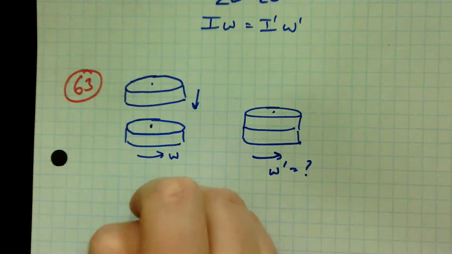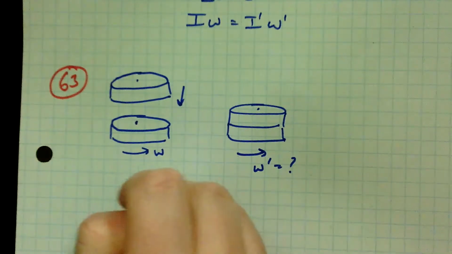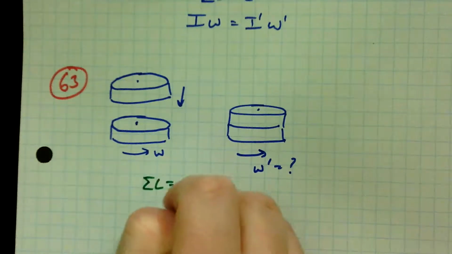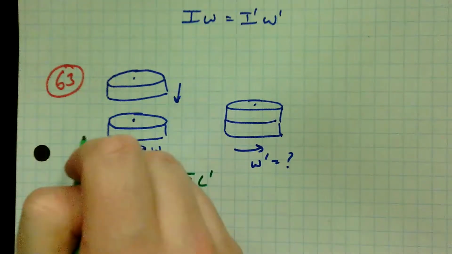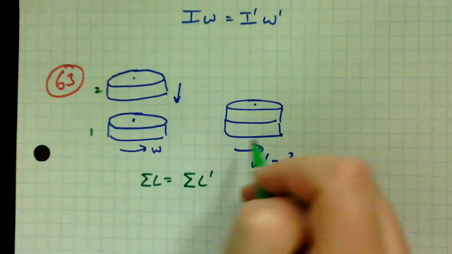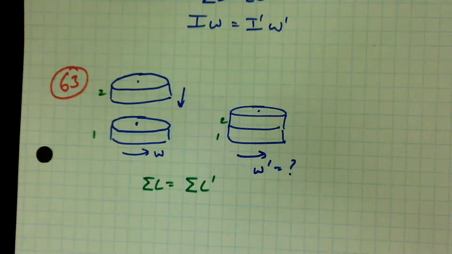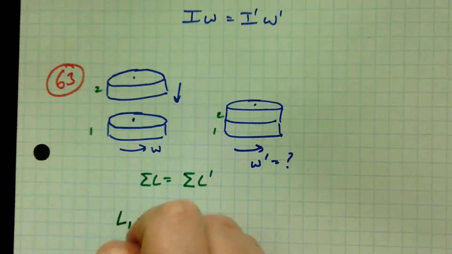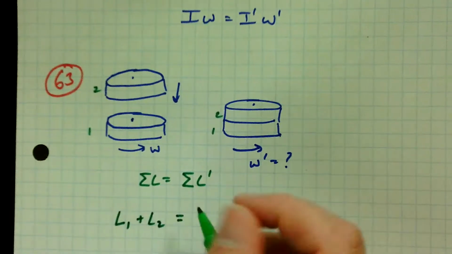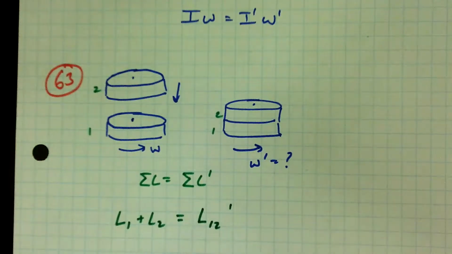So I do this the same way. We need my angular momentums to add up. Let's call these disks 1 and 2. This is kind of like the rotational version of an inelastic collision where they stick together. So the idea would be that L1 plus L2 is equal to the combined angular momentum of them combined.